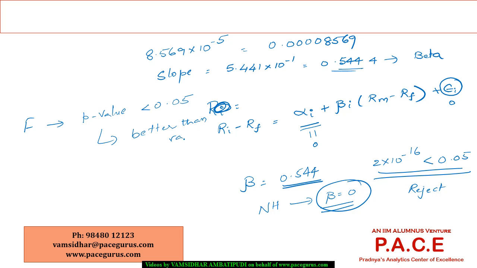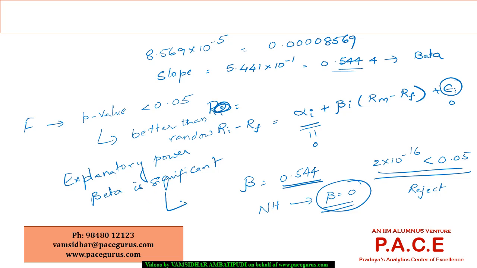Or the other way of putting it is, the model is having a lot of explanatory power, which also says that beta is not an ignorable value, beta is a significant value. So the null hypothesis is nowhere 0. I am rejecting the null hypothesis, which means these results are more or less in line with the CAPM model.